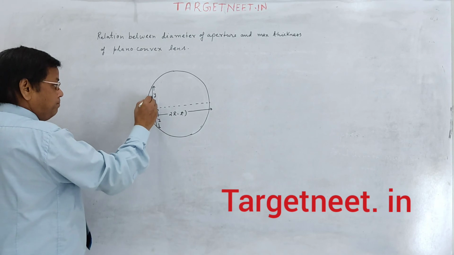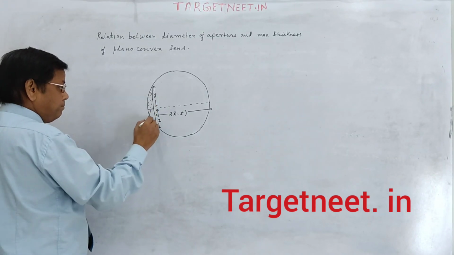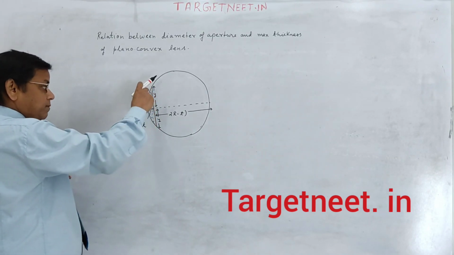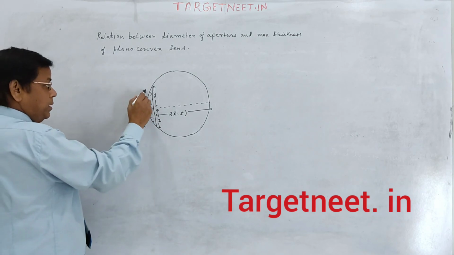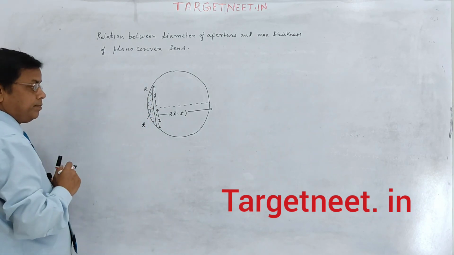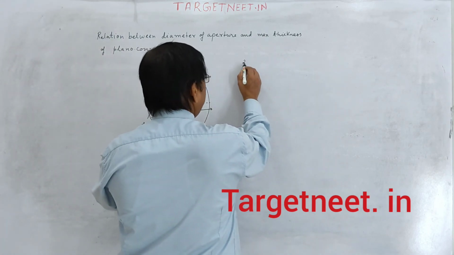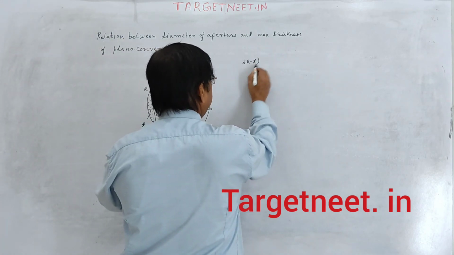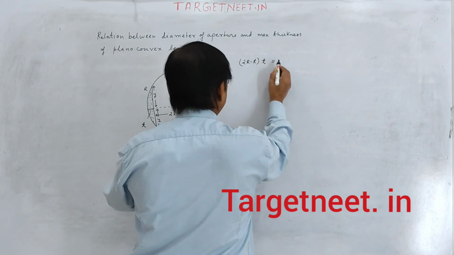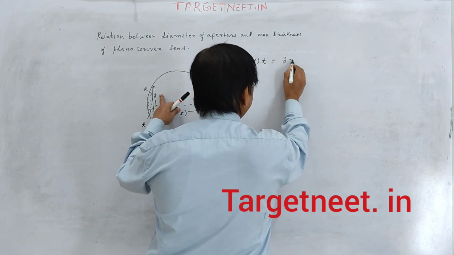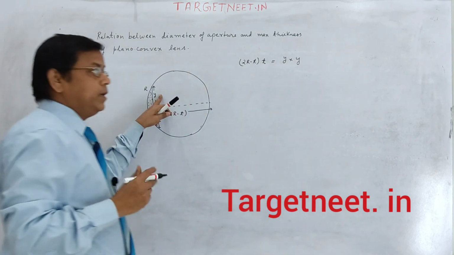Suppose the radius of curvature of this curved surface be r. Then we can write (2r minus t) into t is equal to y into y, right?